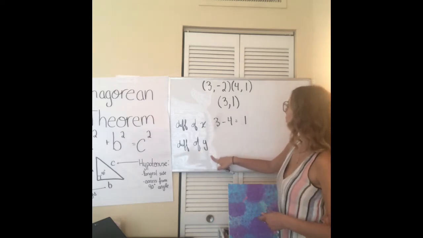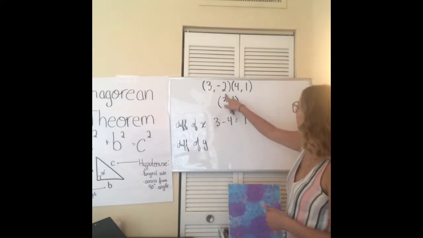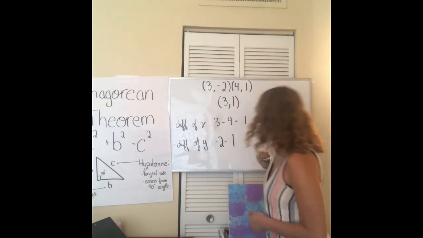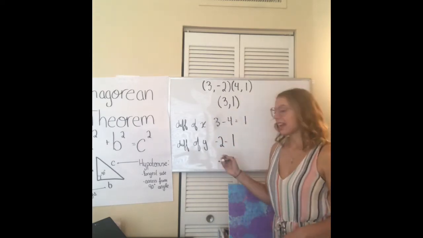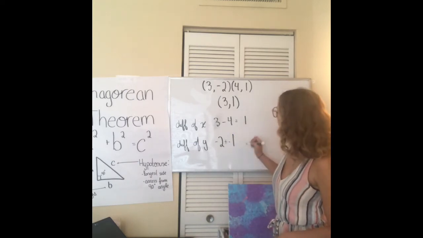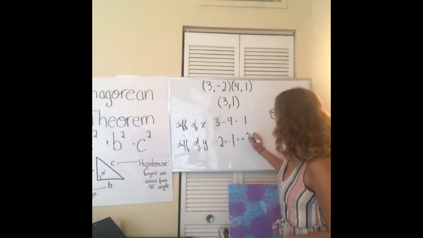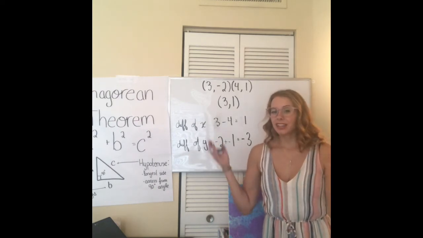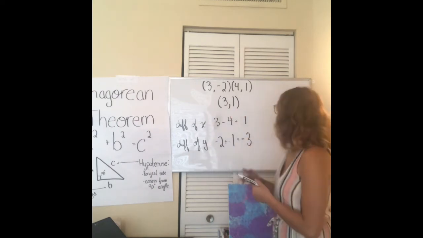And the difference of our y values is -2 minus 1, which is like saying -2 plus -1, which is -3. Again, we can't have negative difference, and it actually is an absolute value function.